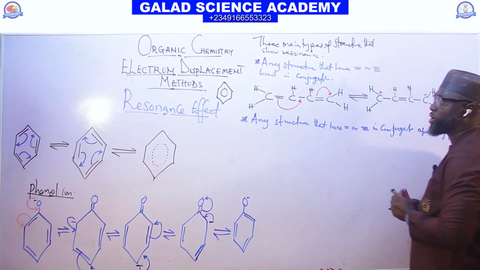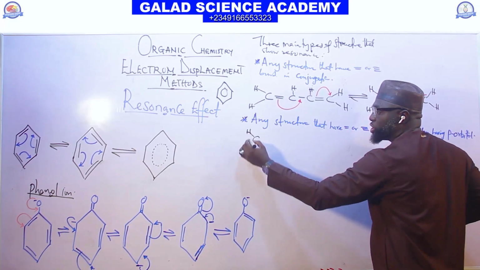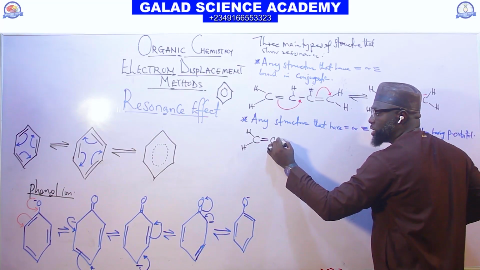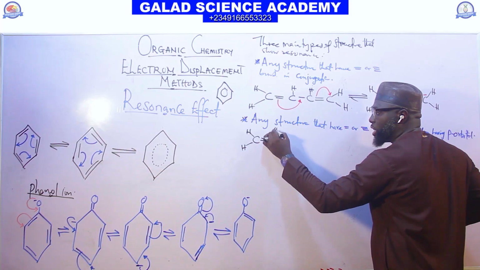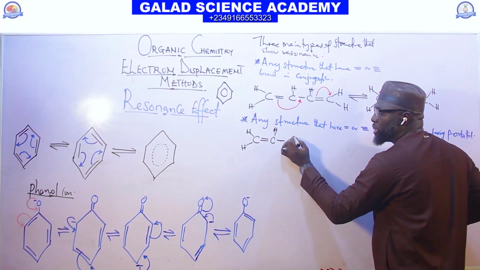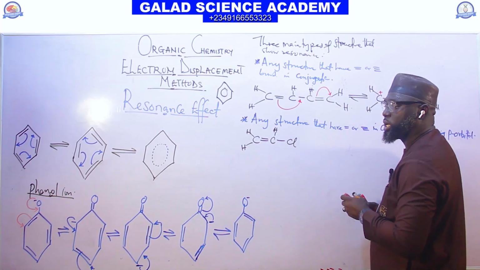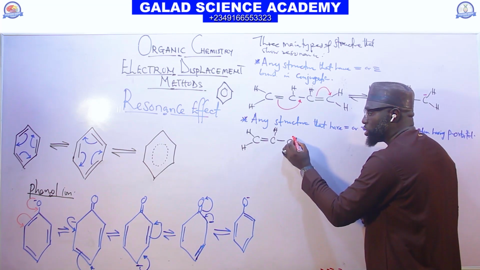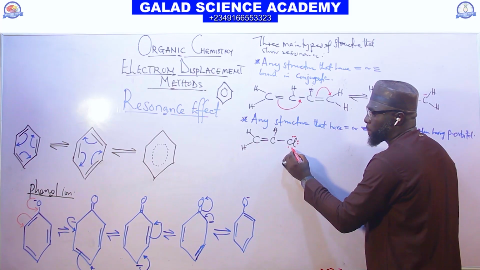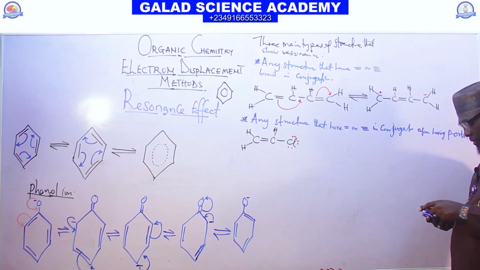We can have a compound in this form: carbon double bond CH, then chlorine. This chlorine has its own lone pair of electrons.